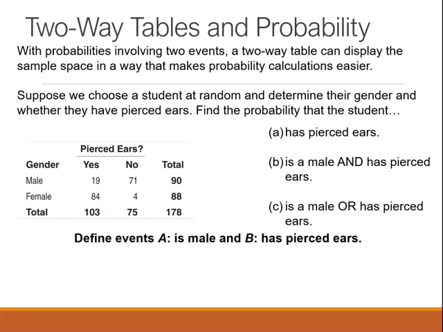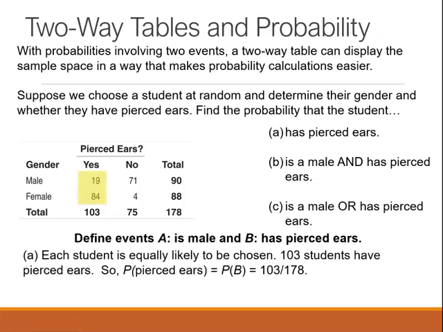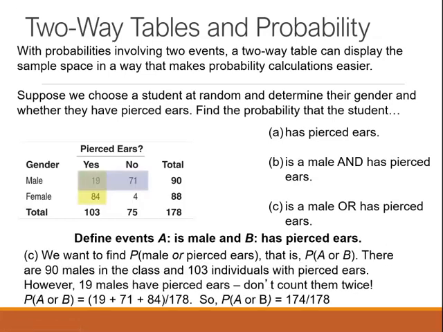Automatically, you know something is up. That seems fishy. Or you could have done it as 1 minus the probability of not male and not pierced ears. So you could do 178 minus 4 over 178. Everybody's cool? Okay.